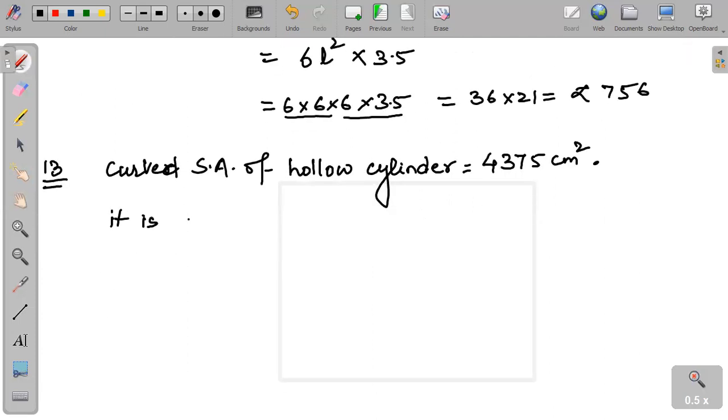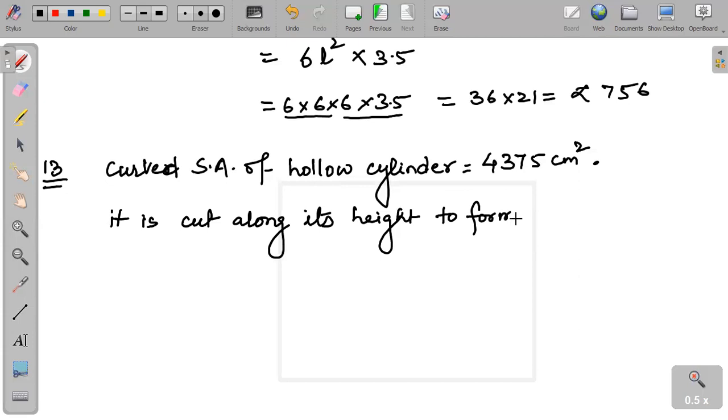It is cut along its height to form a seat of width 35 centimeter.